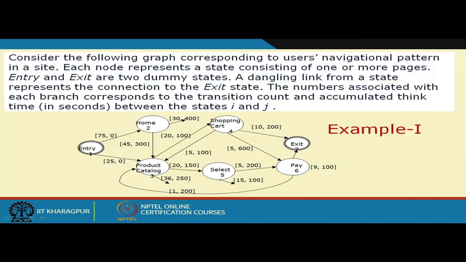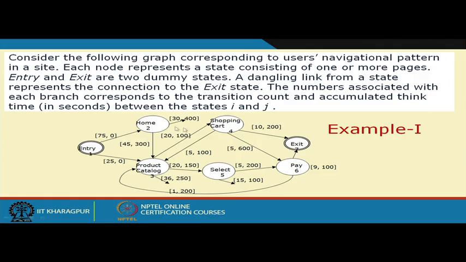So, now consider the following graph corresponding to the user's navigational pattern in a site. Each node represents a state consisting of one or more pages. Entry and exit are 2 dummy states. These I call dangling links. I did not connect them to the exit state, because it would have made this graph a little less readable.